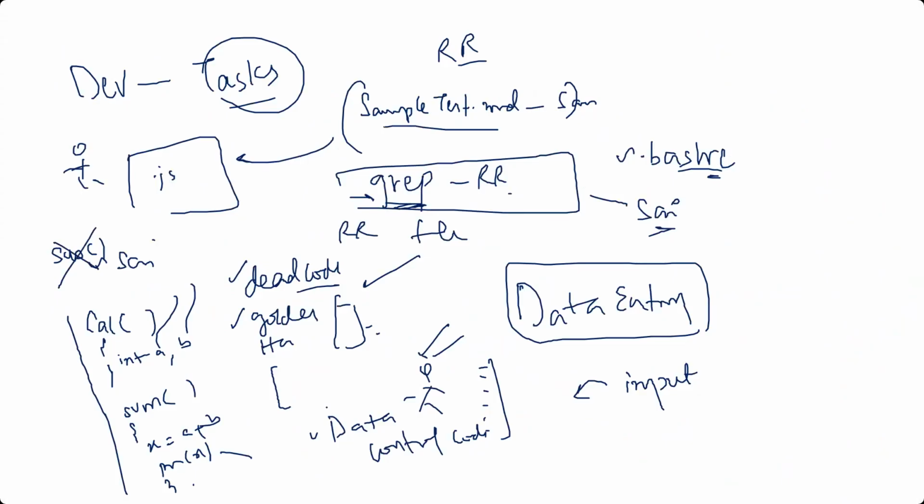You also check for data flow and control flow, just to see whether it's possible for you to verify the data. So instead of manually equating the value like a equal to 2, b equal to 6, and calling the sum function, all the developers will write a standard data entry logic.